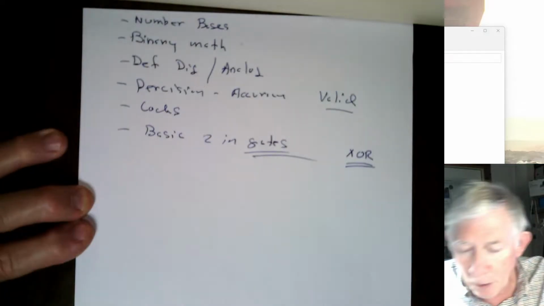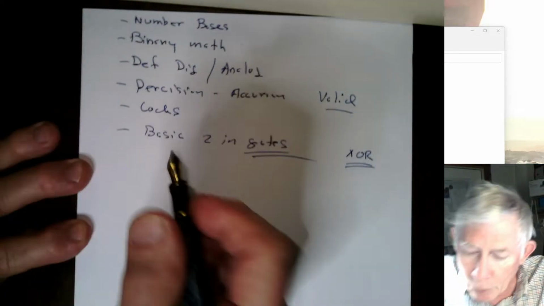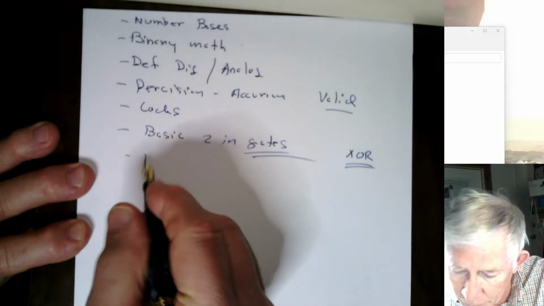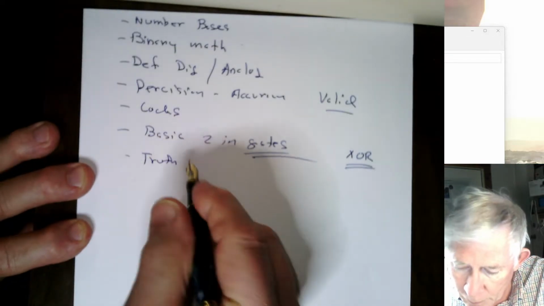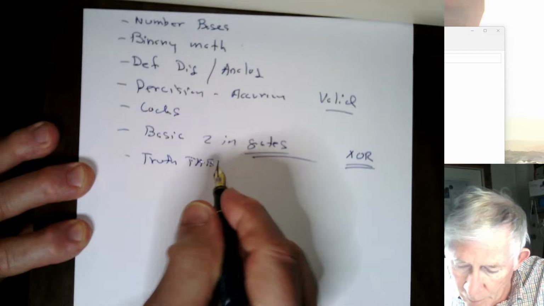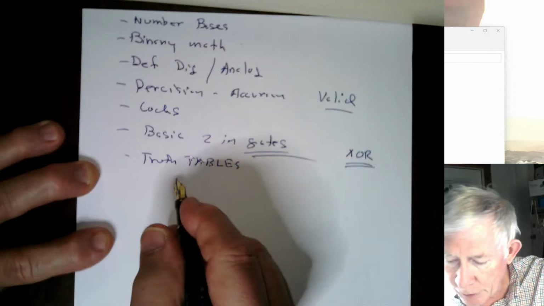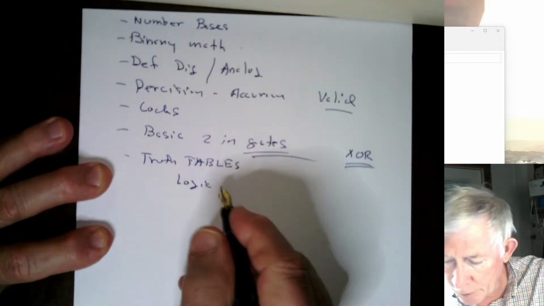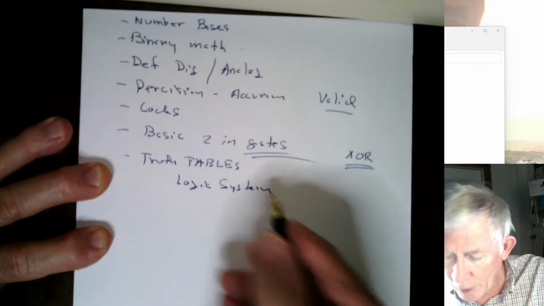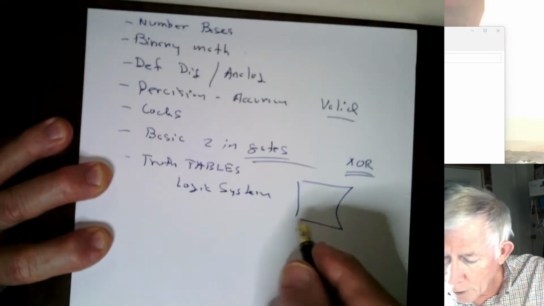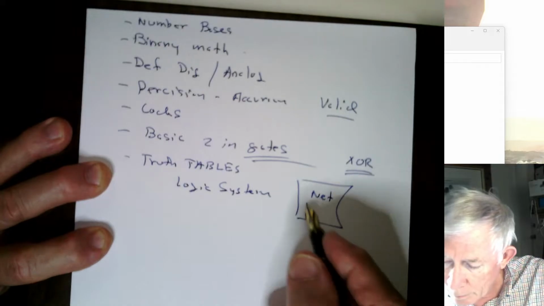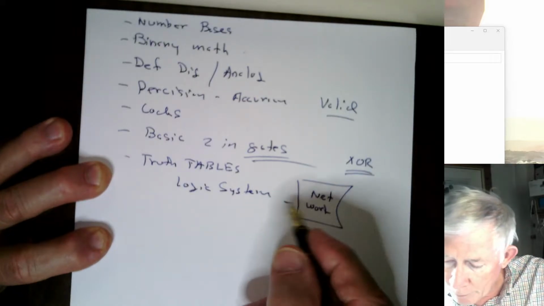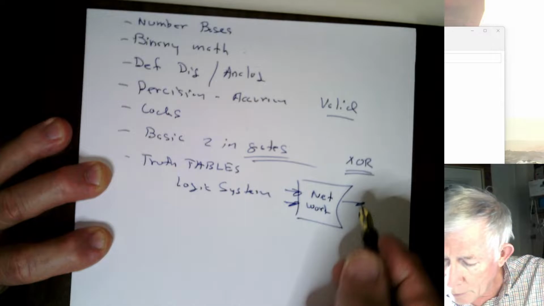And then we've talked about truth tables and how they relate to our basic logic system, where we have some sort of network, and we have some inputs, and we have some outputs.